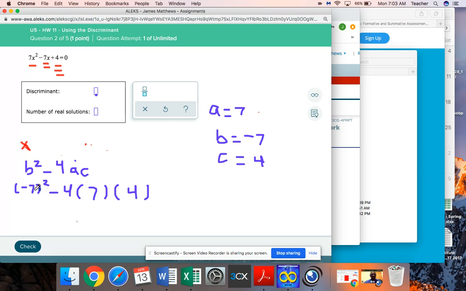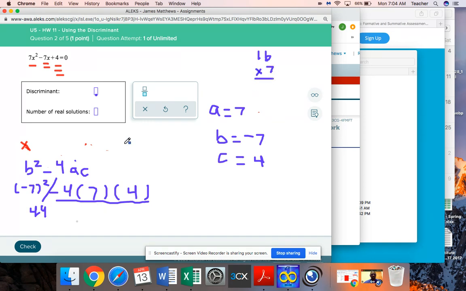All right, let's do some math on this. -7 squared is 49. And then if I cover this up, or if I separate it, I see that this right here will give me whatever 16 times 7 is. I don't know what that is off the top of my head. So let me just write it over here. 16 times 7. I'm sorry.